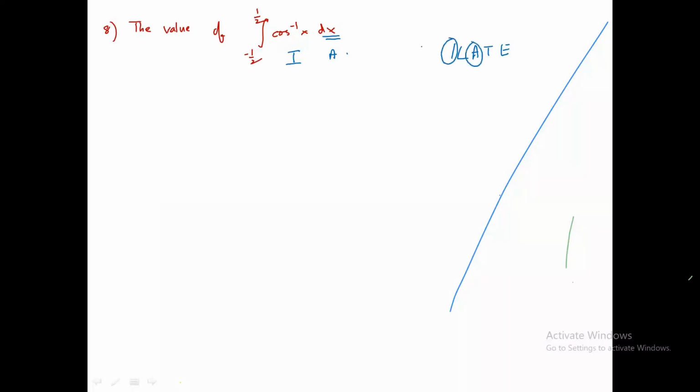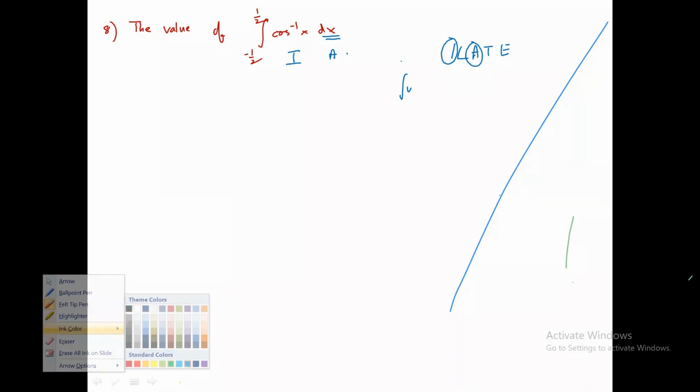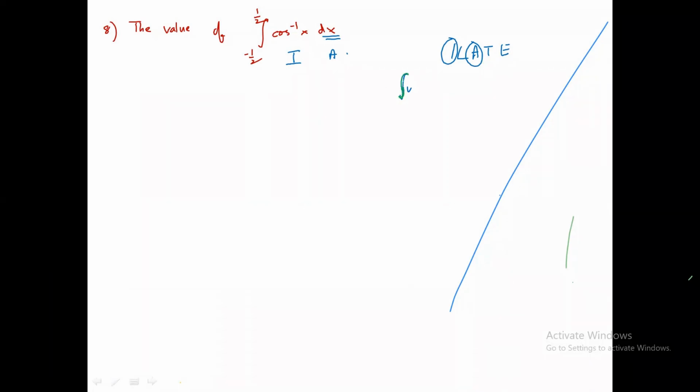First I, then A. That means I can take directly integral u dv equal to uv minus integral v du. So u is cos inverse x, dv is just dx.